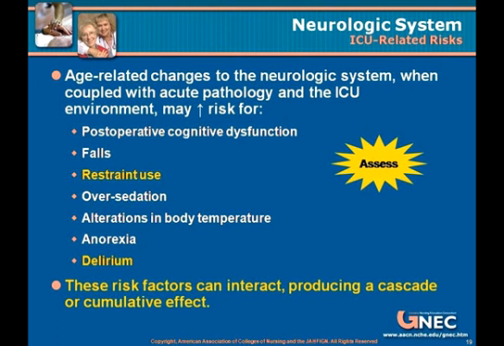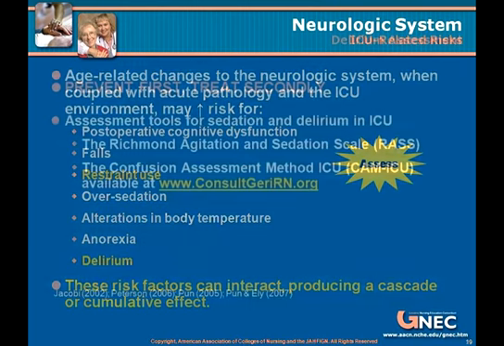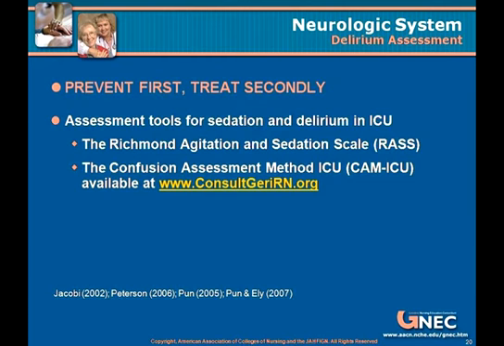And our message today is that physical restraint use can be particularly harmful to older adults, and so nurses should make every effort to minimize and restrict and find alternatives to physical restraint use. We're very concerned about the judicious use of sedation, and this is a tricky balance in the ICU.